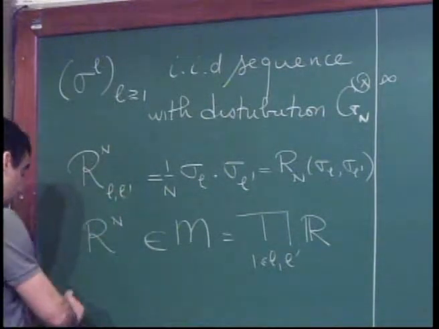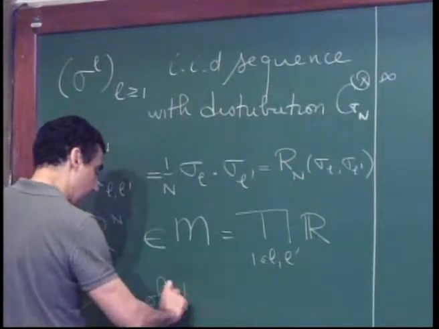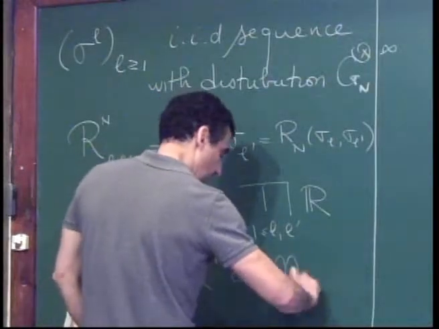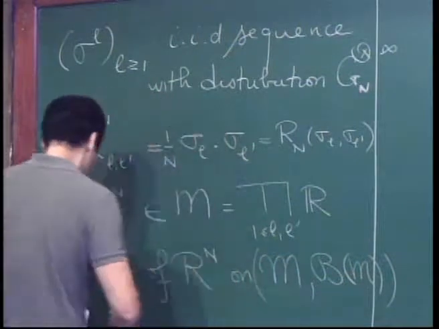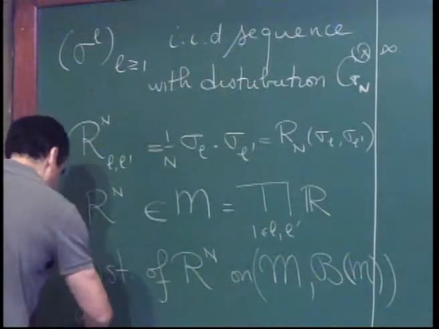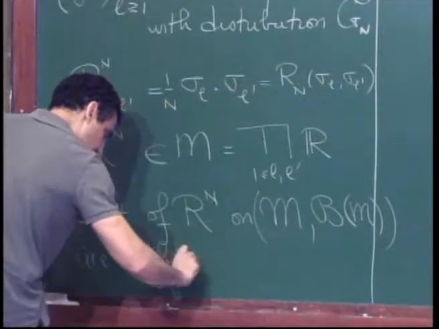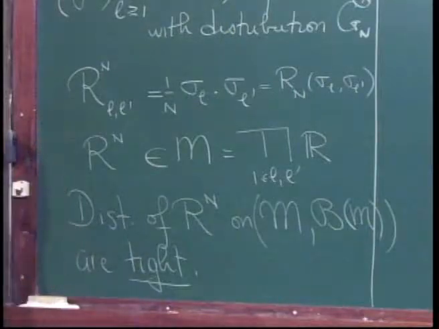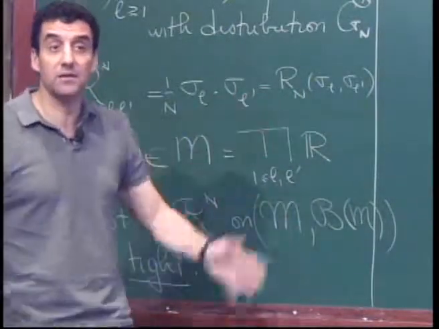So the distribution of R_n on this, say equipped with its Borel subsets, are tight. This is not a deep statement, it's just trivial. They are tight because they're all carried by a compact set. An infinite product of compacts is compact.